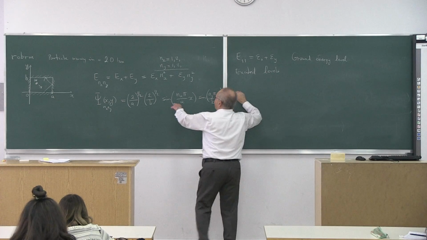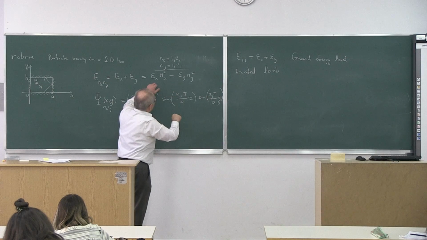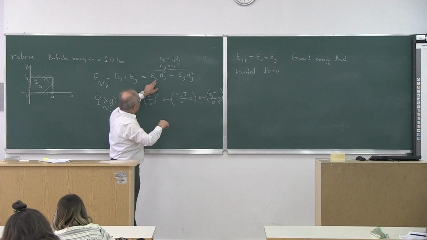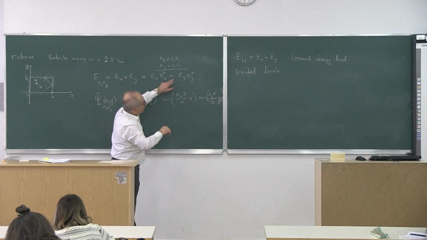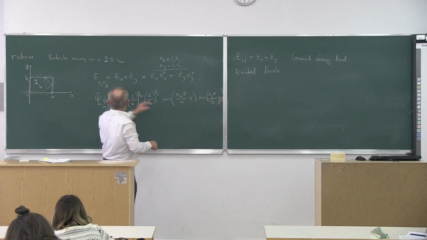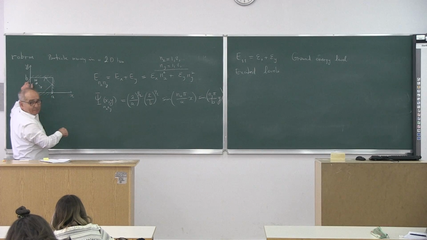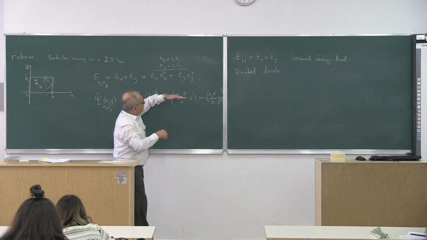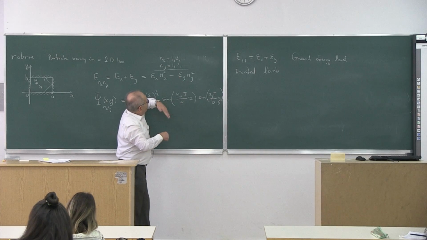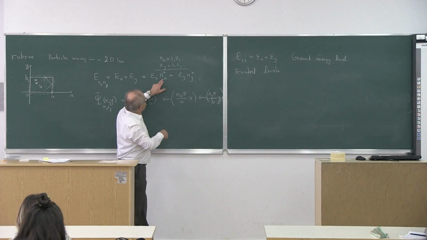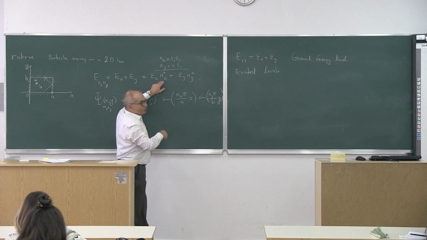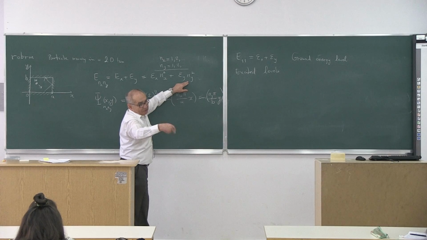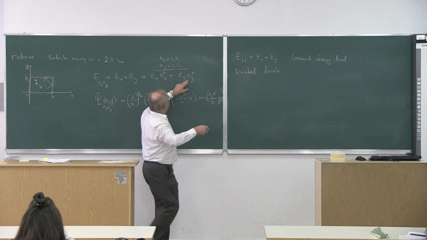Now, in general, this parameter x could be different from xy because A could be different from B. To get the first excited state, I may select 1 for nx and some number different from nx.